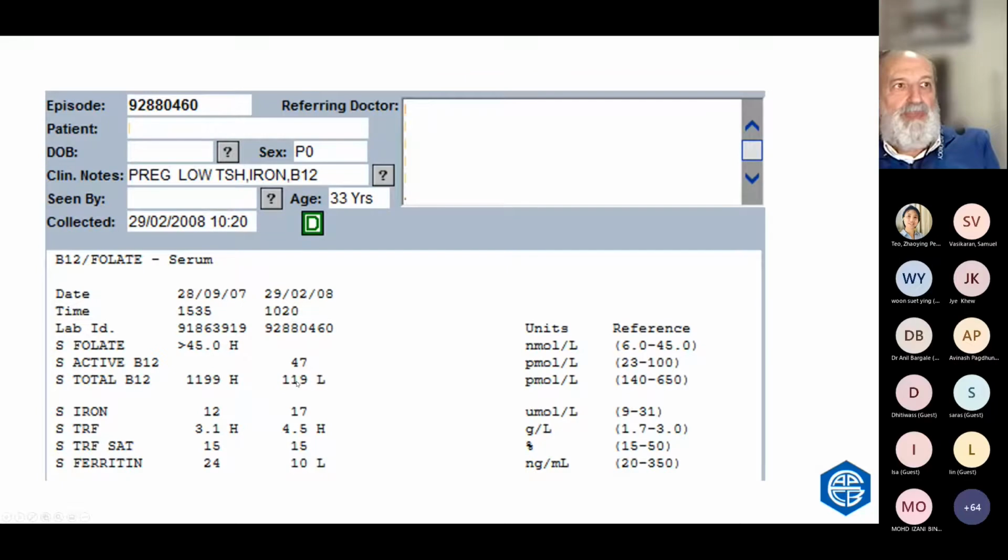Women use up their B12 stores in pregnancy, and their B12 stores are in that highly saturated haptocorrin fraction. So this patient is using up their B12 stores, but still has enough available for her cells and the baby's cells. And she's also used up her iron stores.